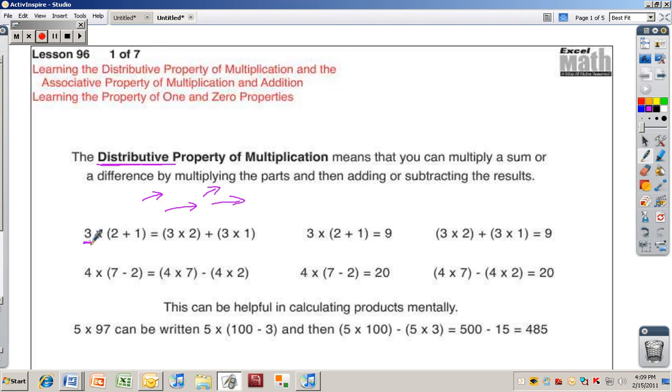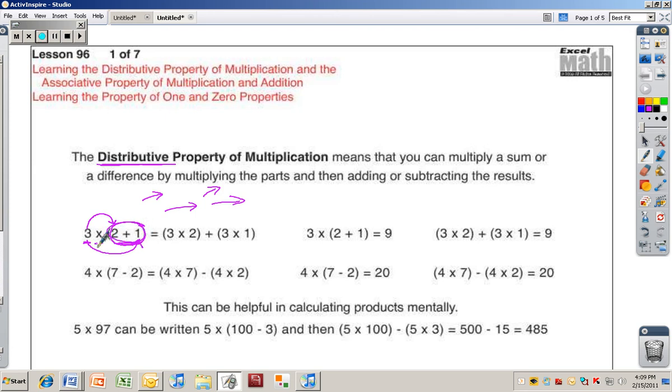Here we have the number 3 that's being multiplied times 2 plus 1 in parentheses. Rather than doing the 2 plus 1 first, the distributive property says we're going to distribute this 3 to the 2 and then to the 1, and that is going to come out the same as doing the parentheses first.